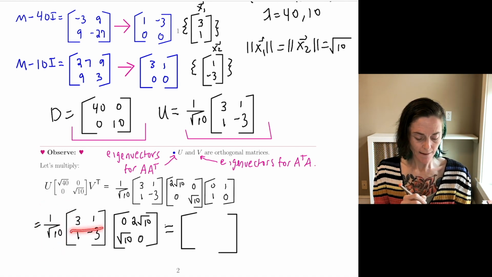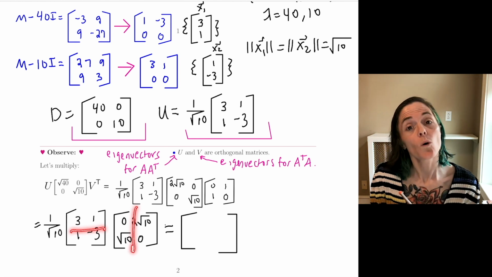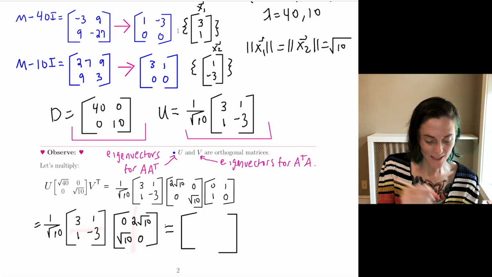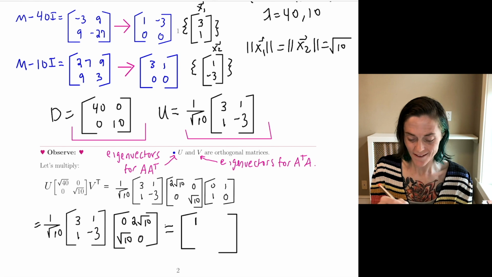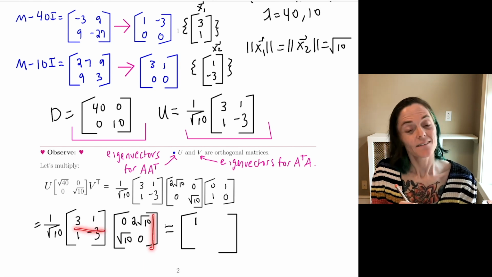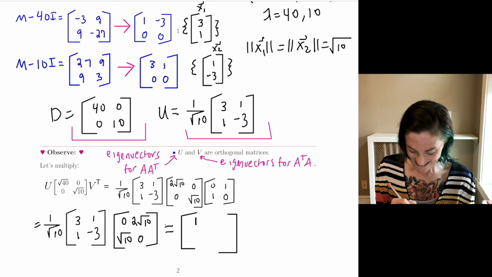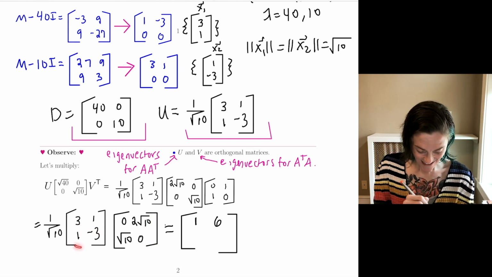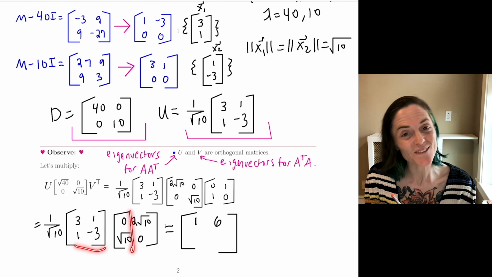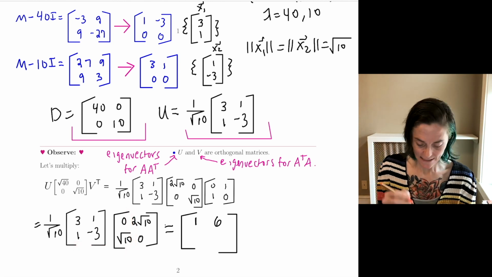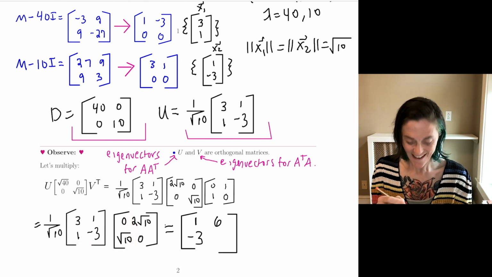So what do I get here? I have 1 square root of 10 divided by square root of 10. This is 1. And then I have 6 square root 10 over square root 10. This is 6. And then I have minus 3 square root 10 over square root 10. This is minus 3.